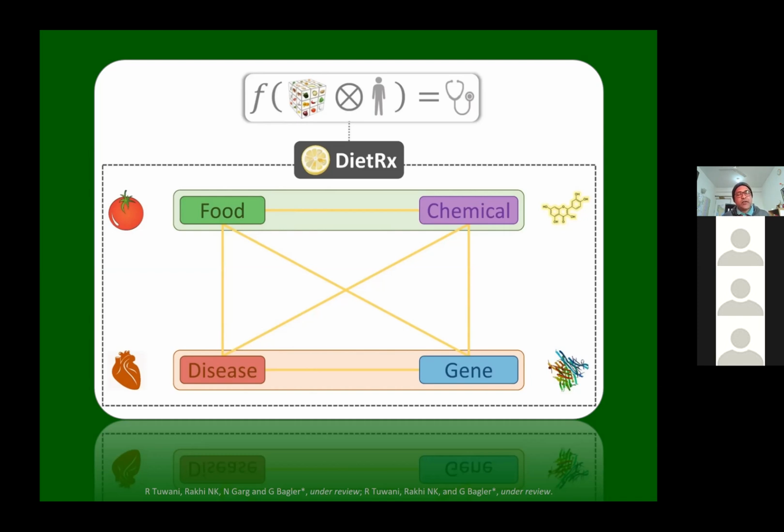The only association data that we do not have is the food gene data. The rest of the pairwise associations are all present in DietRx. Again, this paper is under review and is available for querying if you wish to investigate it further.